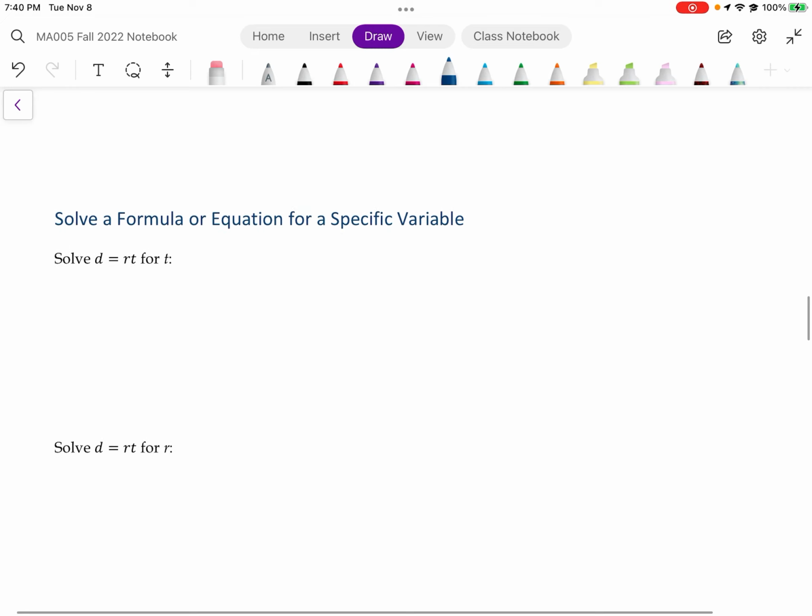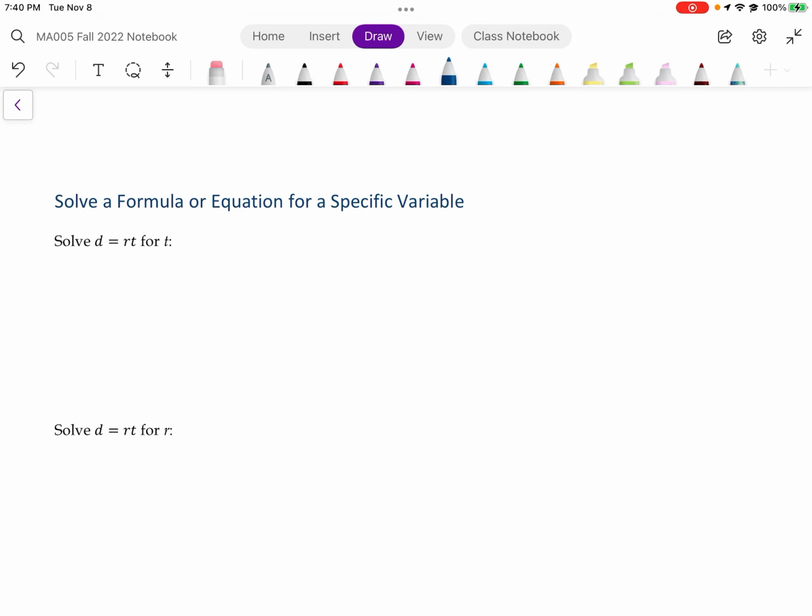All right. So now we're going to look at solving a formula or equation for a variable without any numbers in it.